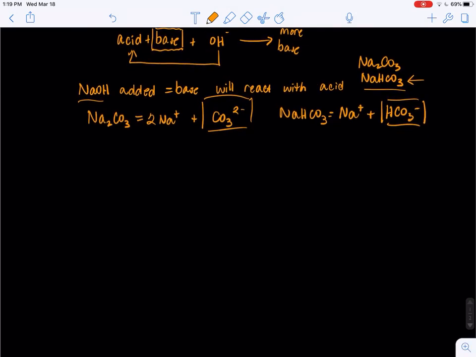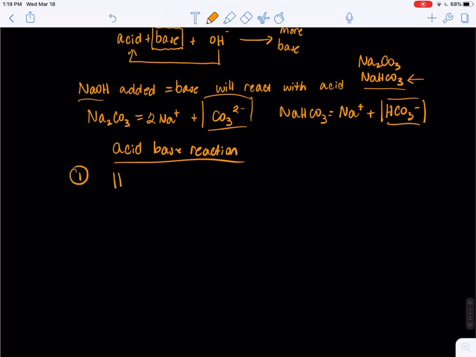So up on top of the ice table, we want to write the acid-base reaction. Okay, that's kind of step one here. So HCO3 minus is my buffer weak acid. Okay, and this is aqueous, right?